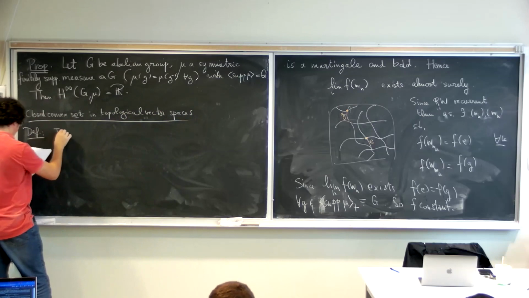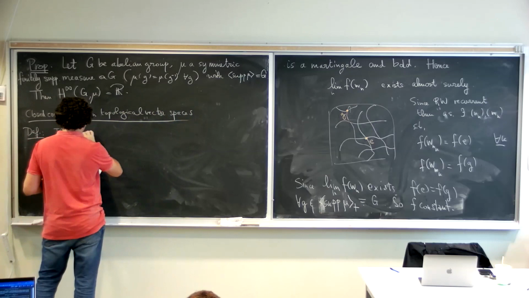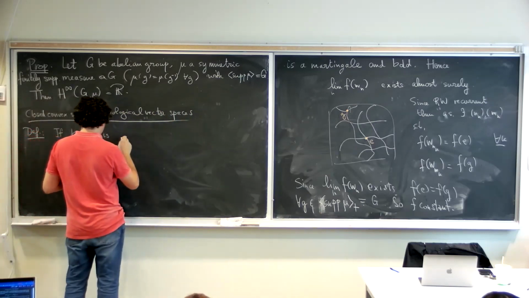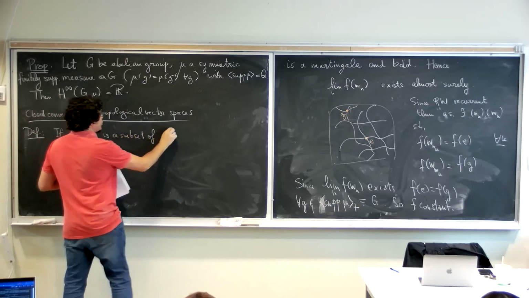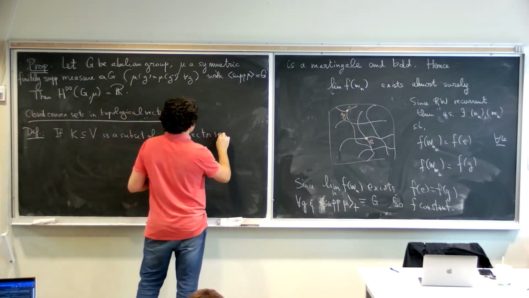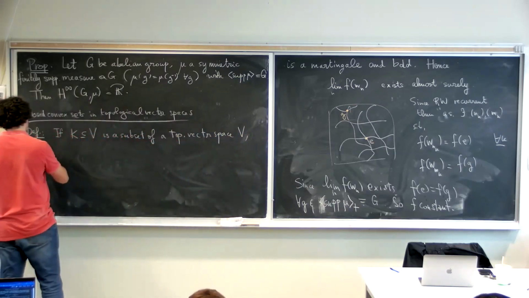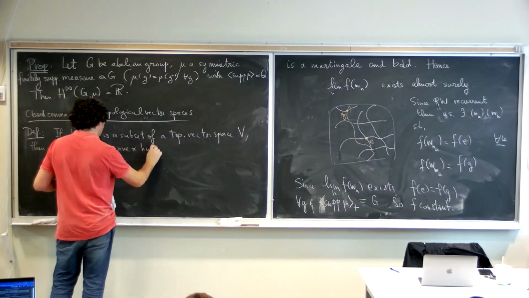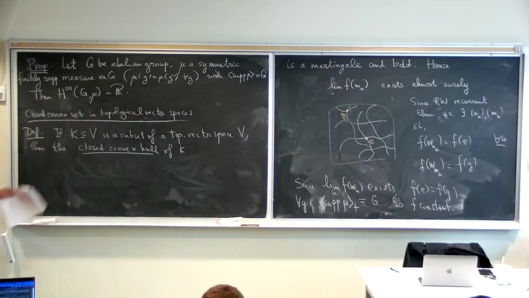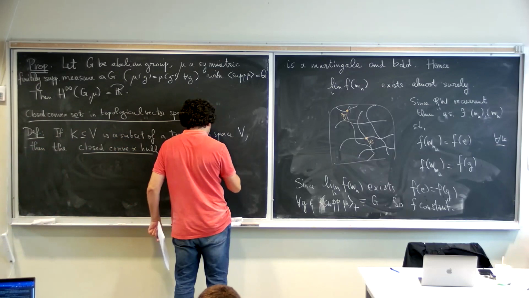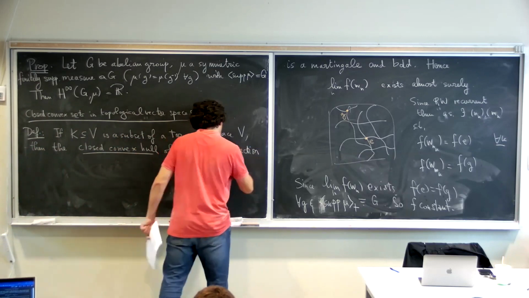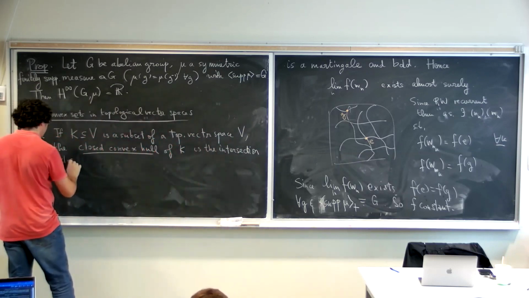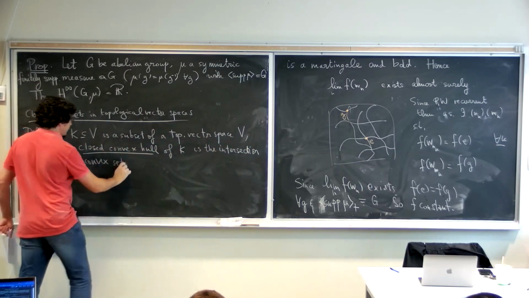If K is a subset of a topological vector space V, then the closed convex hull of K is the smallest closed convex set that contains K. In other words, the closed convex hull of K is the intersection of all closed convex sets containing K.